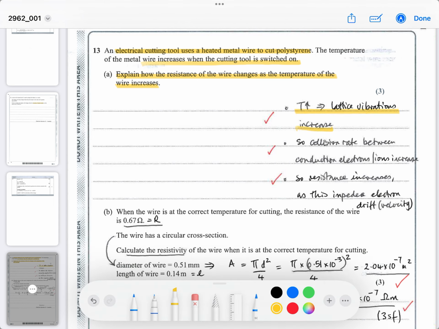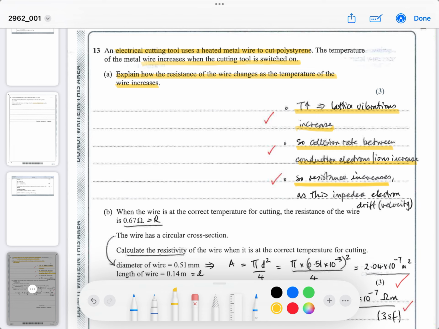Basically, the energy that goes into the material causes heat. The heat is thermal store of energy, which is vibrational energy. So the lattice structure vibrates. So the collision rate between the conduction electrons and the ions increases. Yeah. So because of that, the resistance increases.